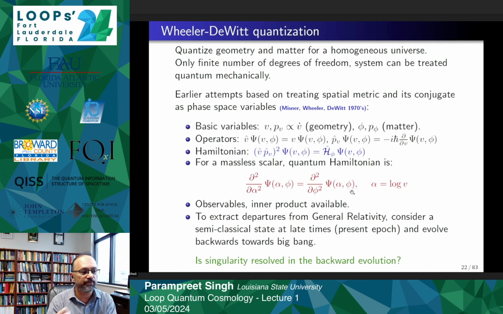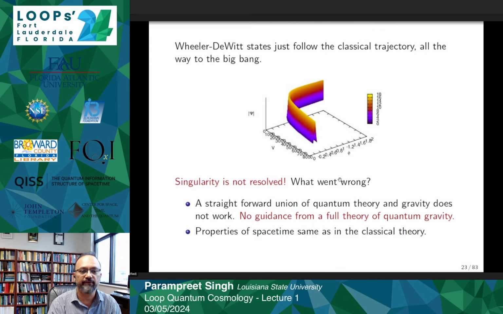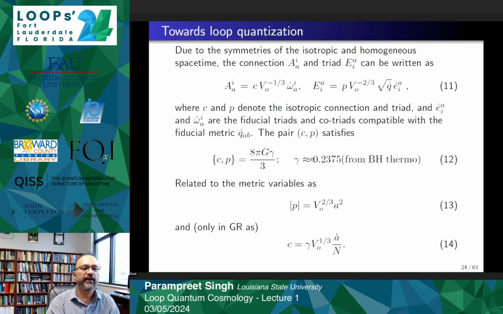There was no G h bar effect in this Wheeler-DeWitt theory. And we know that h bar effects are completely limited in resolving the singularity. So there were really no Planck scale effects which could have been captured using Wheeler-DeWitt quantization. So Wheeler-DeWitt quantization was unsuccessful, but then we can go towards loop quantization and see what happens.